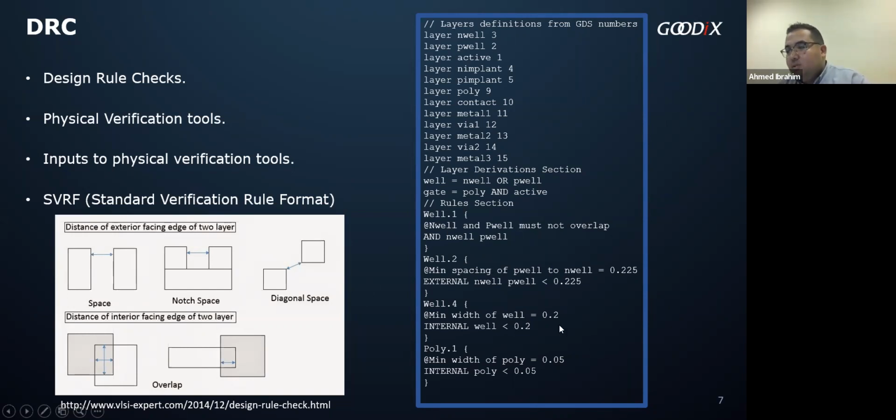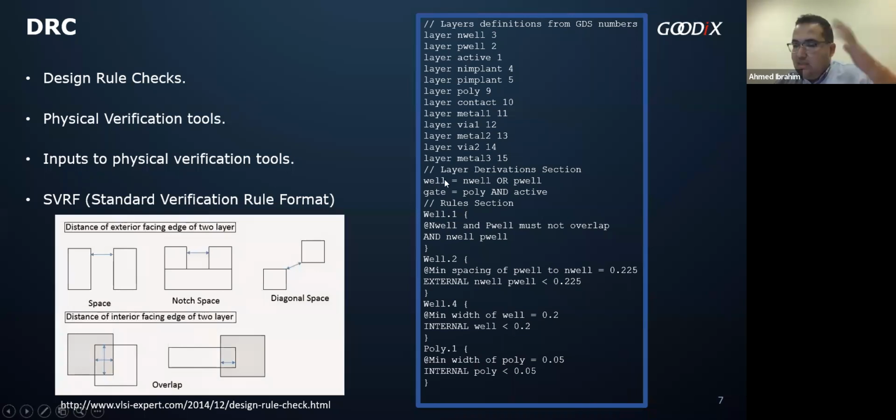Actually, the syntax of the rules is pretty straightforward, and sometimes you can develop your own verifications and checks. So this is a typical syntax. In the start, it defines the physical layers, for example that NOL corresponds to GDS layer number 3, and so on. Then we have layer derivations. Layer derivations will produce what's called CAD layers or logic layers, because those layers are not physical layers. They are not actually in the design.